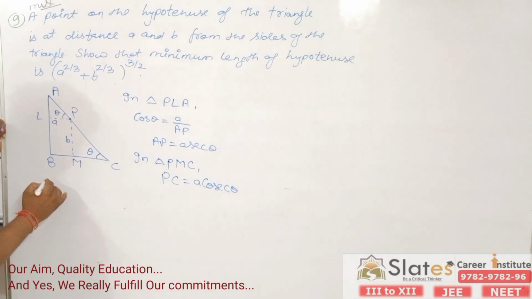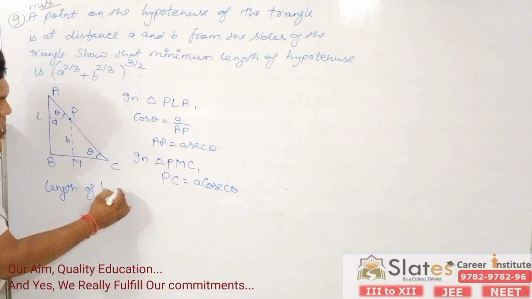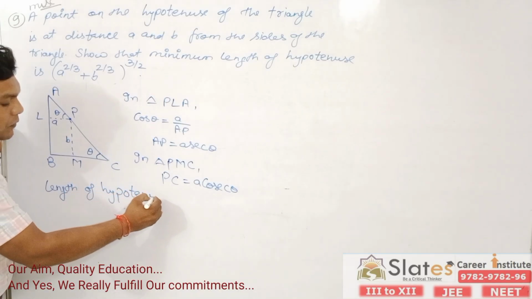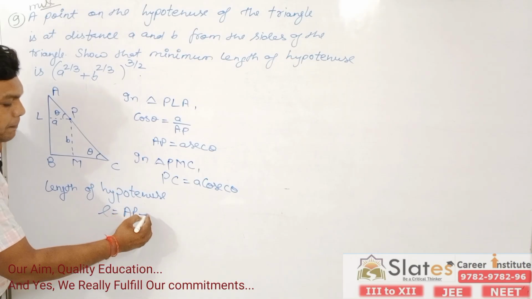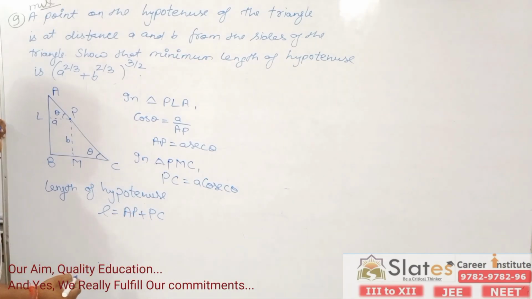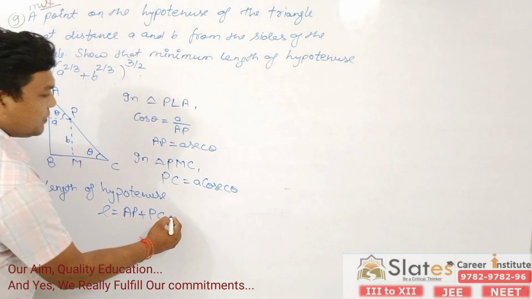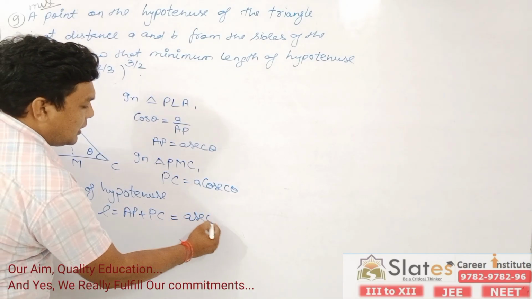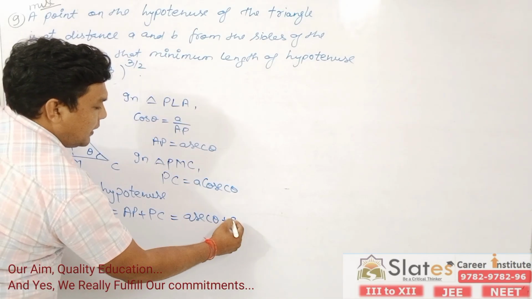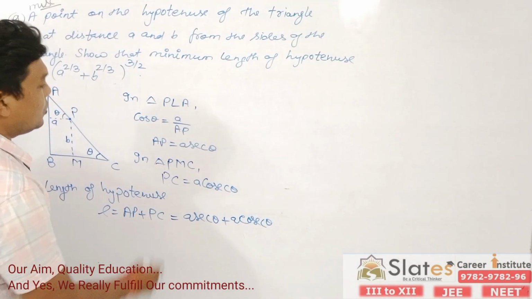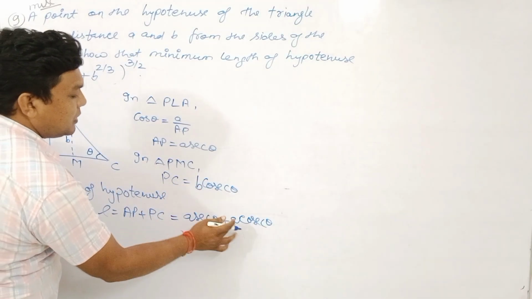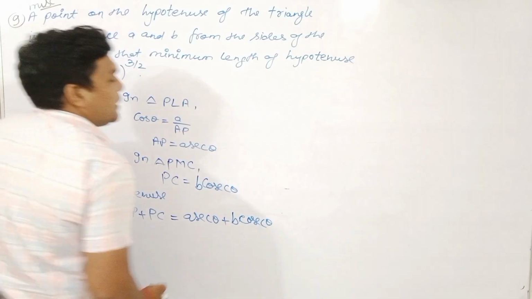L is equal to AP plus PC, which is a sec theta plus b cosec theta.